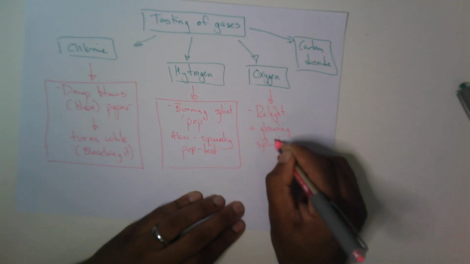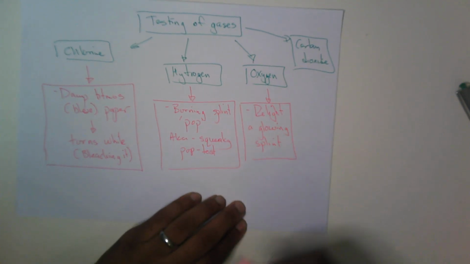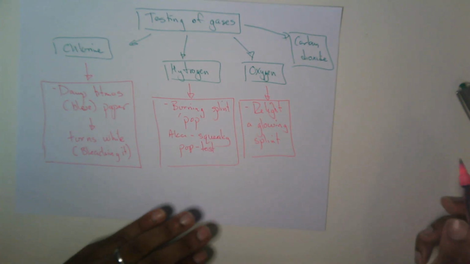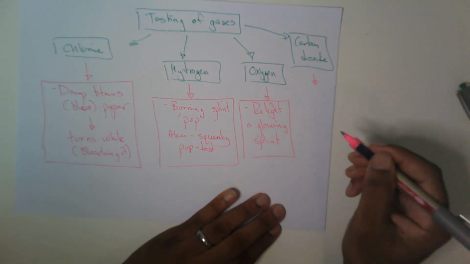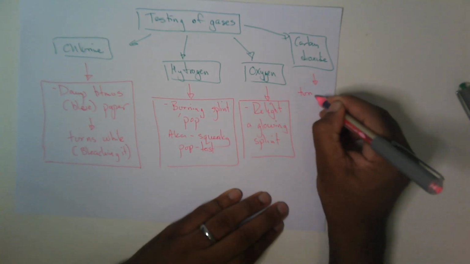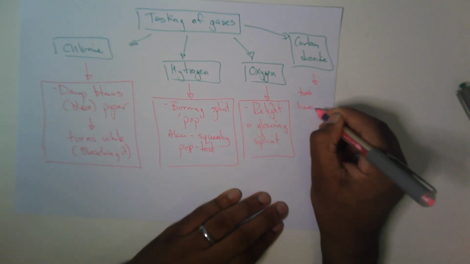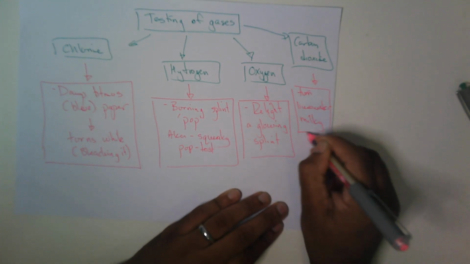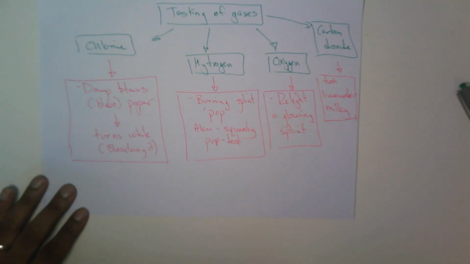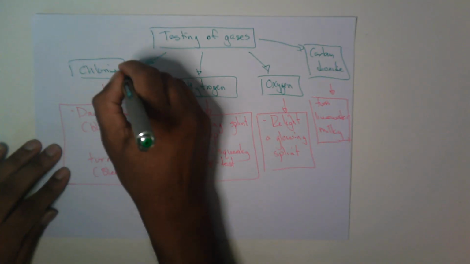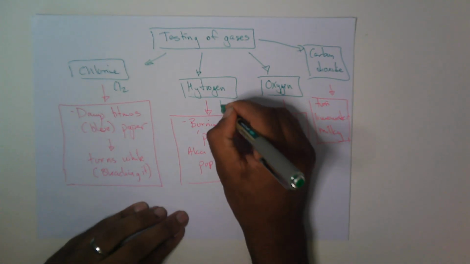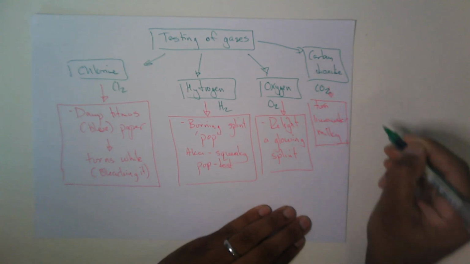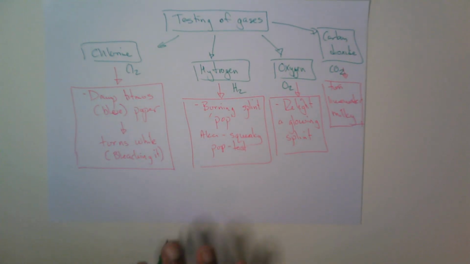So not a burning splint, but a glowing splint. You basically burn it, take the fire out, and then what it will do is it will relight that fire. And then the last one is carbon dioxide, which a lot of people know. It will turn lime water milky. Okay, so that's a relatively straightforward test for carbon dioxide. So chlorine, remember chlorine is Cl2, hydrogen is H2, oxygen is O2, and carbon dioxide is CO2. So those are your chemical tests. And that's it for combined.